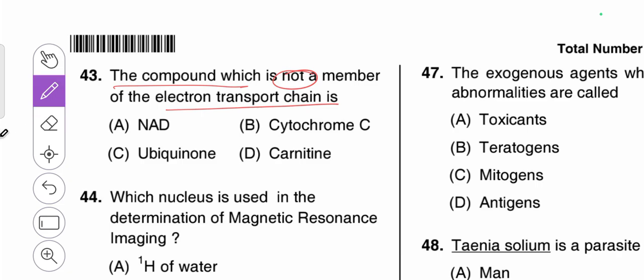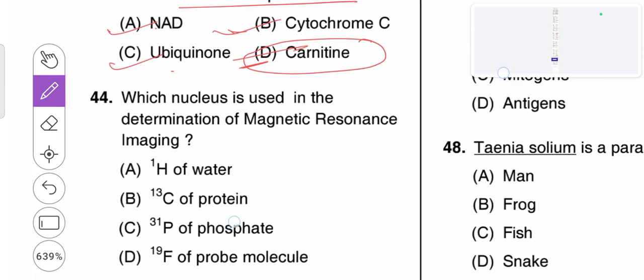NAD, nicotinamide adenine dinucleotide, cytochrome C, then ubiquinone. These are all part of the electron transport chain, that is ETS. Here carnitine is not a part of the ETS. So C is the right answer.